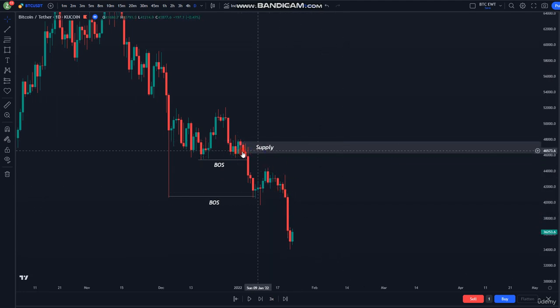is a manipulated move to the upside in which smart money can enter their position, similar to what we're talking about with the liquidity sweeps, but obviously not exactly the same, but a manipulated upside move before a quick move to the downside. This is your order block, and when it is in a downwards move, you're looking for supply zones, okay?